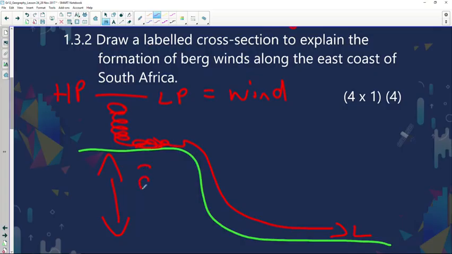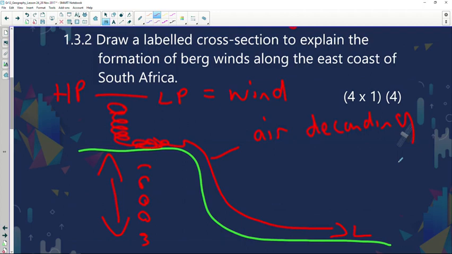It's going to decrease. Now we're moving roughly from an altitude of 1,600 meters. Temperature changes by 1 degree Celsius for every 100 meters. So what do we say? The air is descending, it's sinking, it's moving down the escarpment.